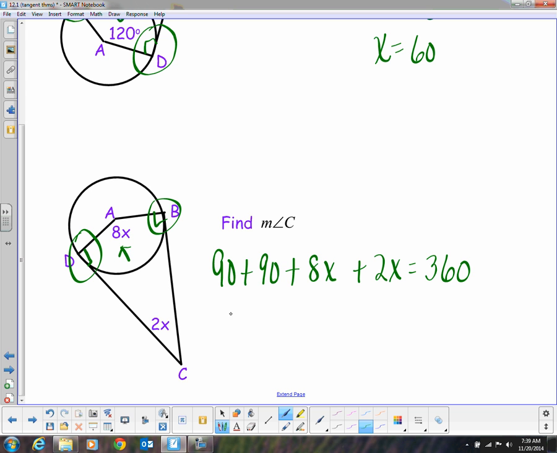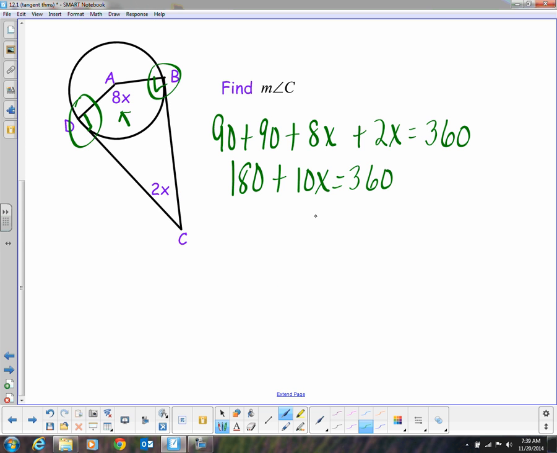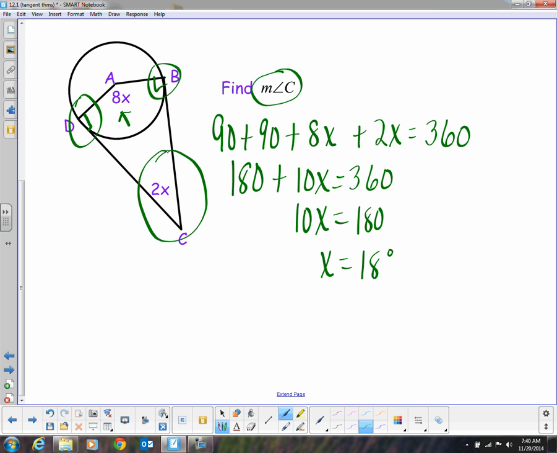Okay, so 90 and 90 is? 2x and 8x is? And what happens when you subtract 180 from 360? You get 180, and then you divide by 10. What is x? All right, and that is great, but make sure you answer the question. What did they ask you for? So that's going to be 2 times the x, which is 36 degrees.